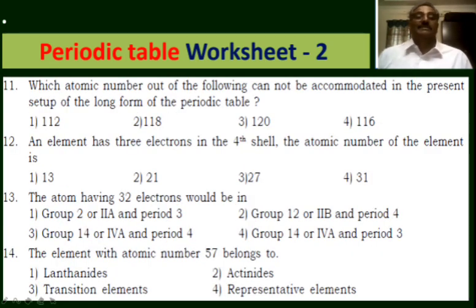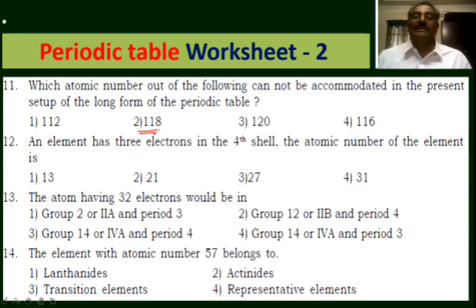Next, 11th question. Which atomic number out of the following cannot be accommodated in the present setup of the long form of the periodic table? In the present setup of the long form of the periodic table, there are 7 periods. The 7th period ends with the element having atomic number 118.